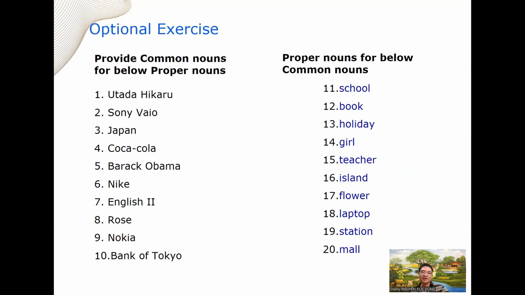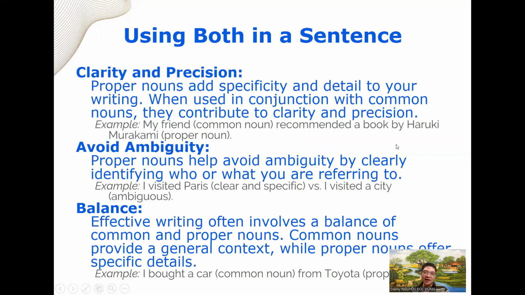All right, I have another homework for you. Optionally, you can do it by yourself and then post it on the class website. So just to make it clearer, proper nouns avoid any ambiguous thoughts or reference about the thing you are mentioning.